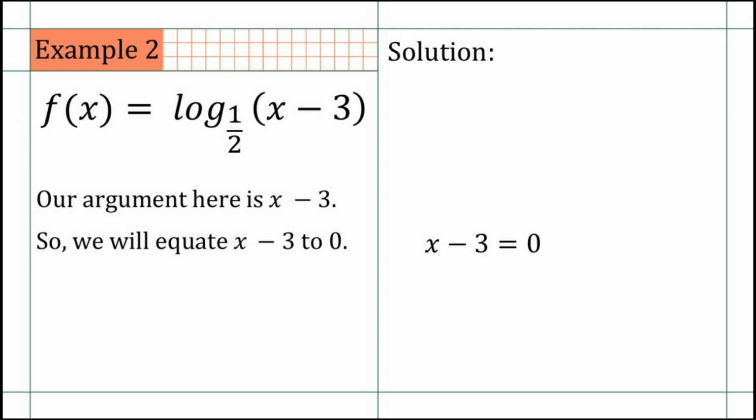That is, x minus 3 equals 0. Then, we will solve for x. We will transpose negative 3 to the other side. Now, we have x equals 3. Therefore, the vertical asymptote is x equals 3.